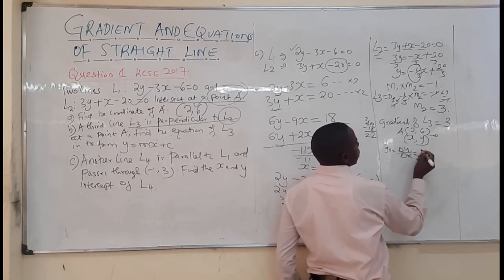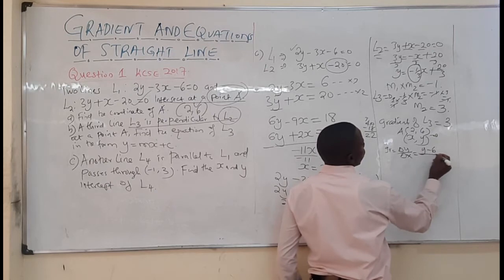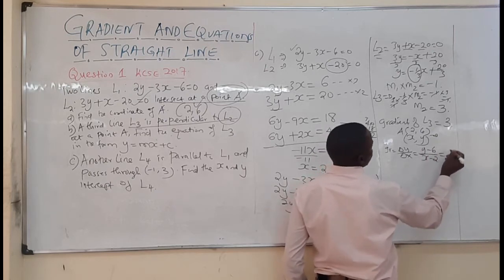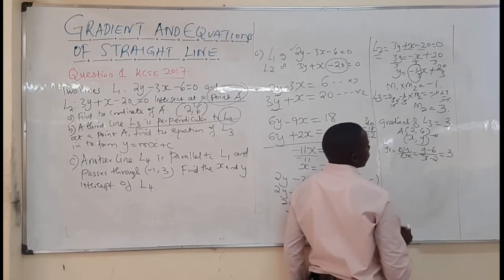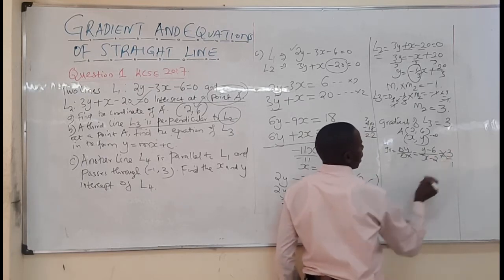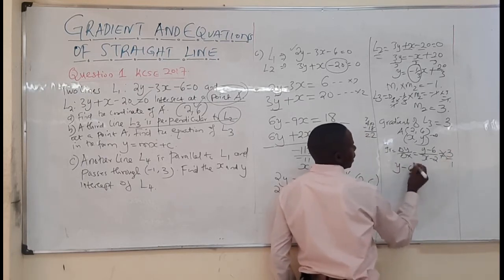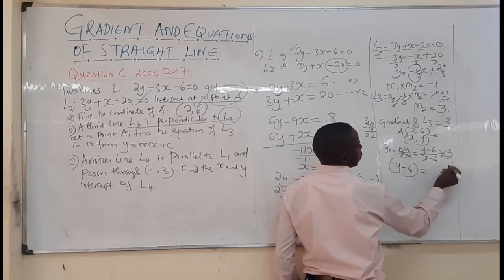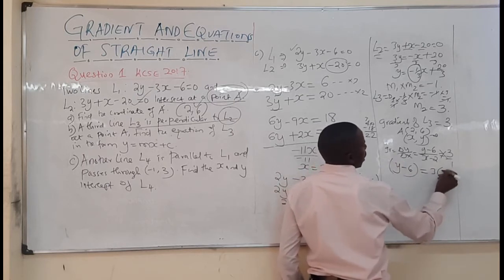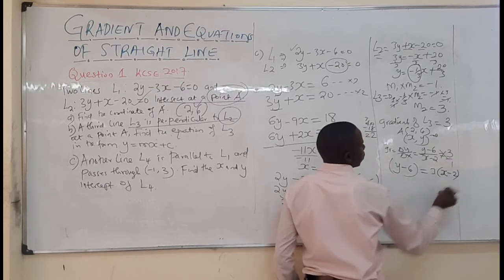So that is going to be (y minus 6) over (x minus 2) is equal to 3. So let's multiply: y minus 6 is equal to 3 times (x minus 2).